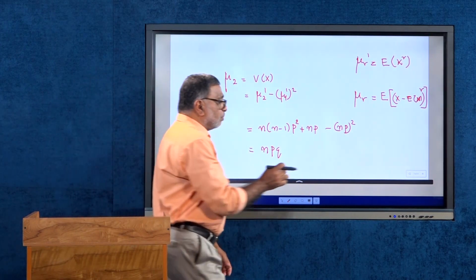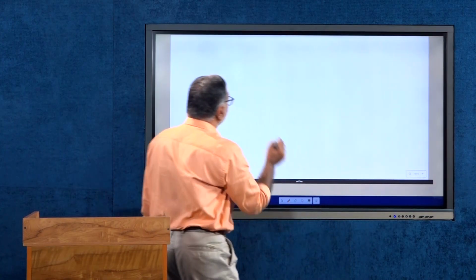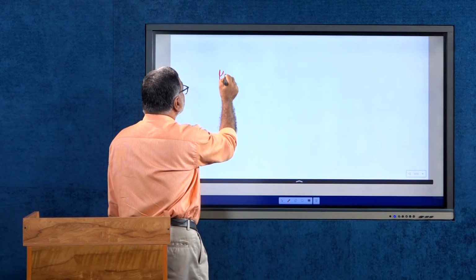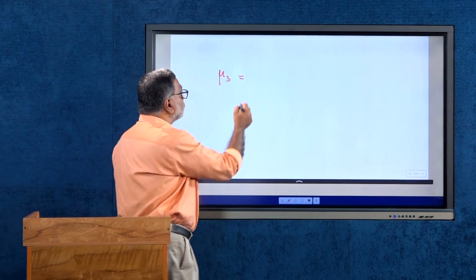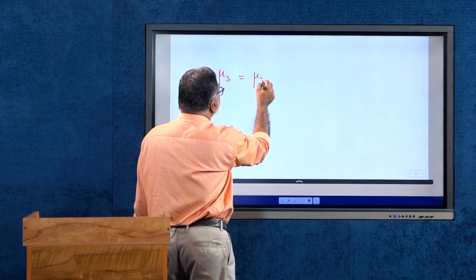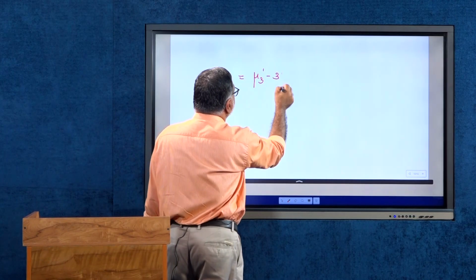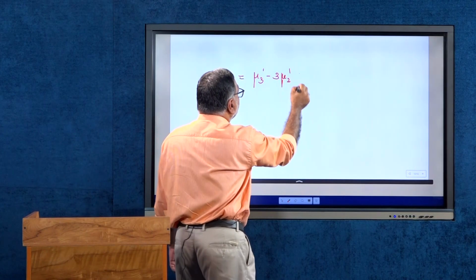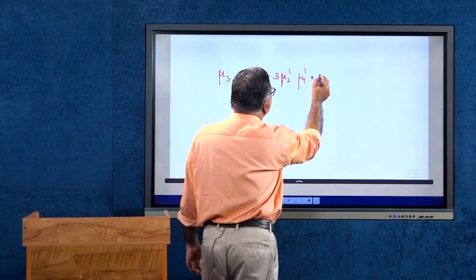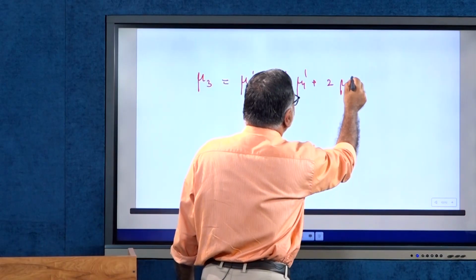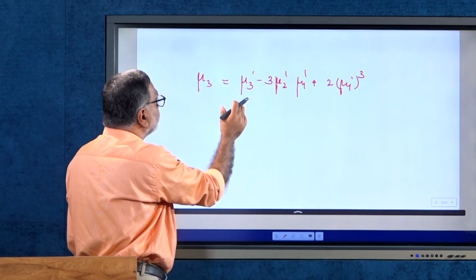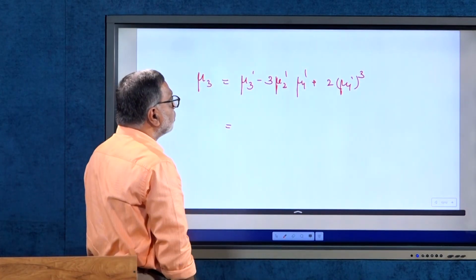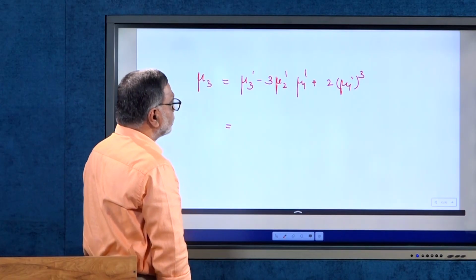And mu 3, the third central moment, is equal to mu 3 dash minus 3 mu 2 dash mu 1 dash plus 2 mu 1 dash all cubed. This is a relationship between the third central moment and the first three arbitrary moments.